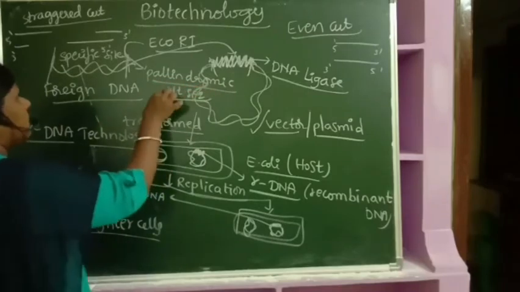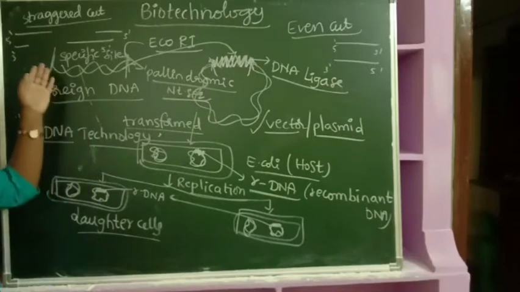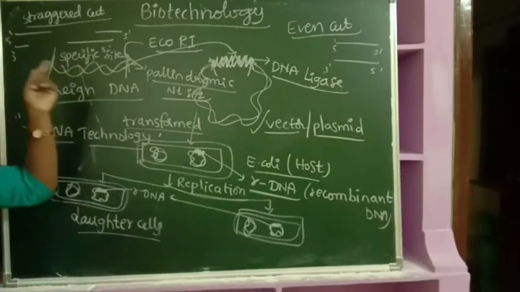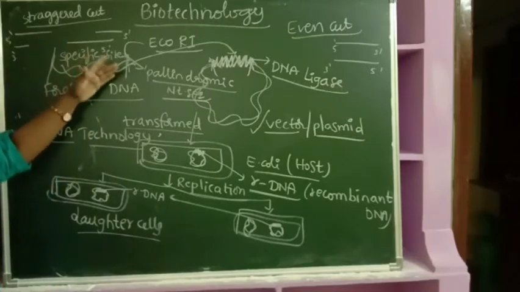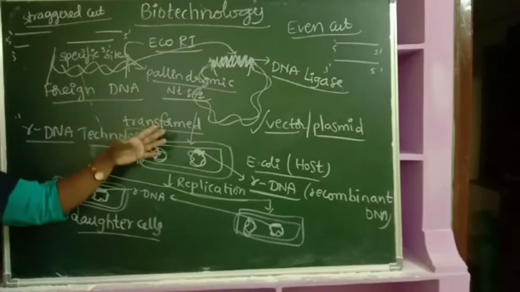What do we call this? Palindromic nucleotide sequence. That means the first and foremost important step is we need to cut the total DNA from the source organism at a specific site, or recognition site.